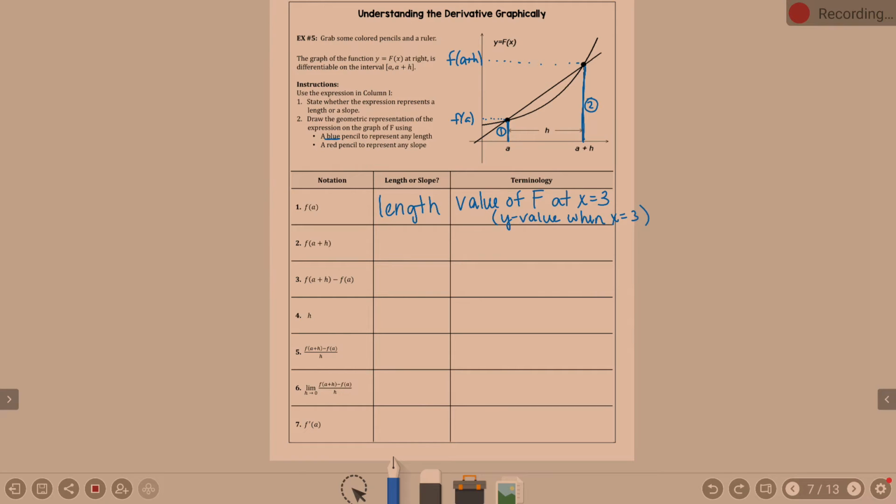I'm going to put a 2 on this because it goes with problem 2. So again, this is a length. And if we go with similar terminology to last time, it's the y value, or it's the value of f at x equals a plus h.